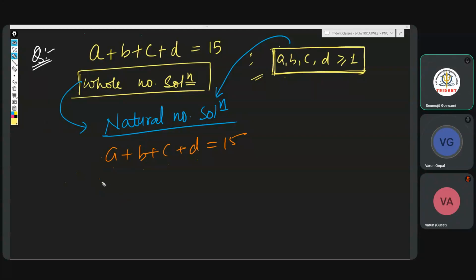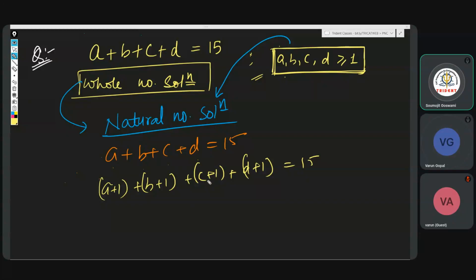I am substituting for A and B and C and D as 1. So I'm saying A plus 1, B plus 1, C plus 1, and D plus 1 is equal to 15.